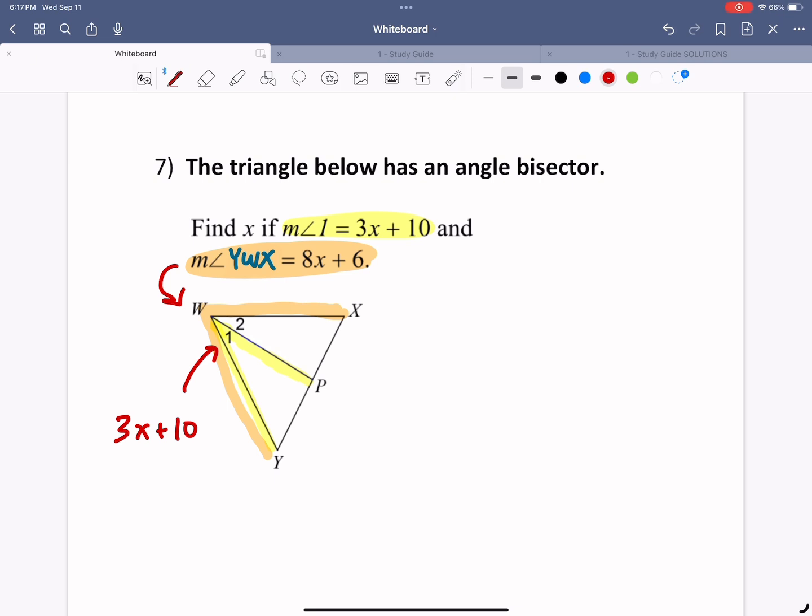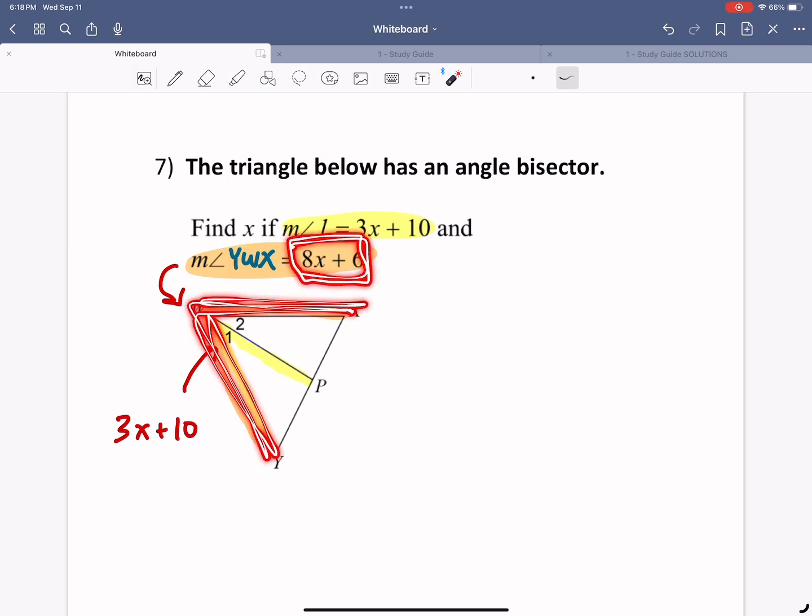Now, here's the thing. This doesn't help us too much. We want to know what is the measurement of angle 2. This is the guy that we want to find. We don't know what that angle is, because then we could set it equal to each other and solve for x. Well, if we know that this total angle is 8x plus 6, then we know that half of that should be 8x plus 6 divided by 2.